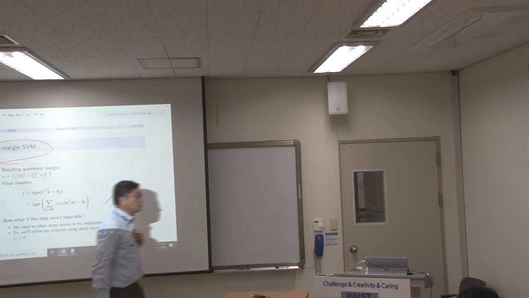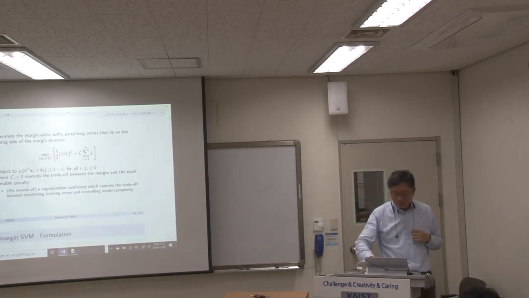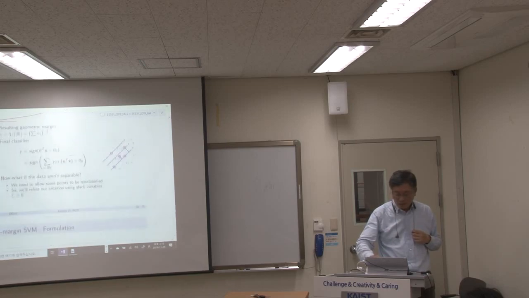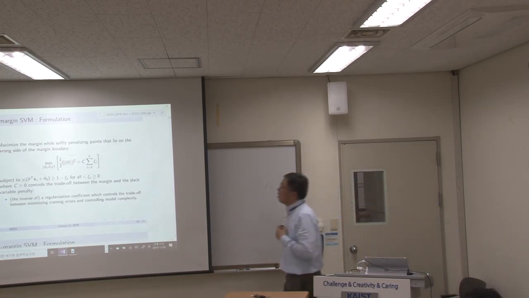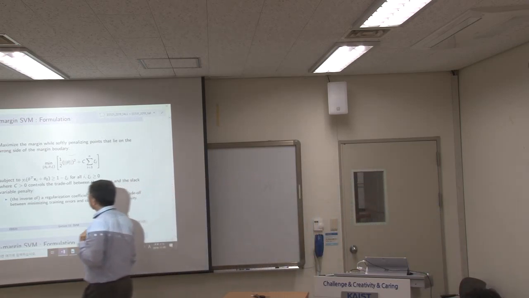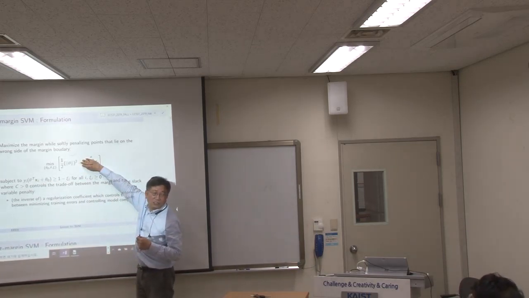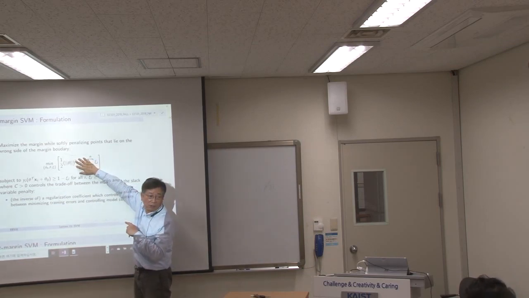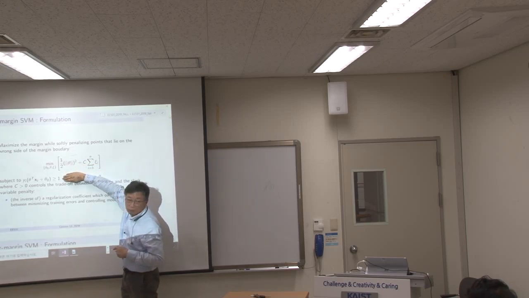So here, what is the objective? This was what we saw before. I want to minimize this, and I want to obey this constraint.